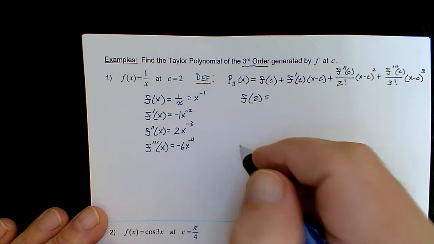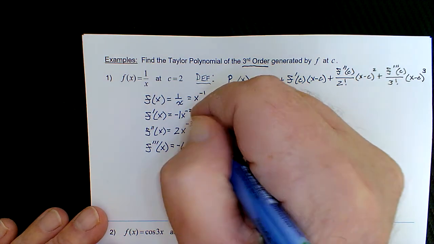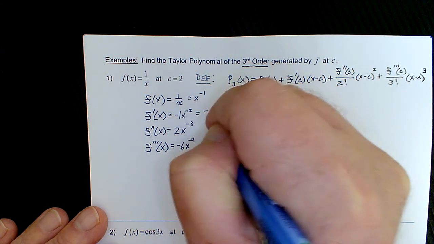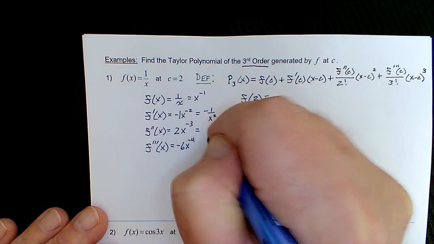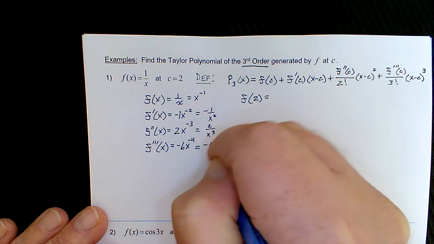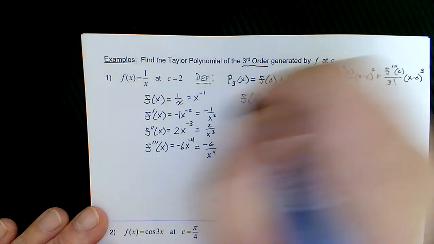Okay, so then that's all we need, and probably want to get rid of the negative exponents on these so we can evaluate them. So negative 1 over x squared, 2 over x cubed, negative 6 over x to the 4th, and then let's evaluate everything at 2.